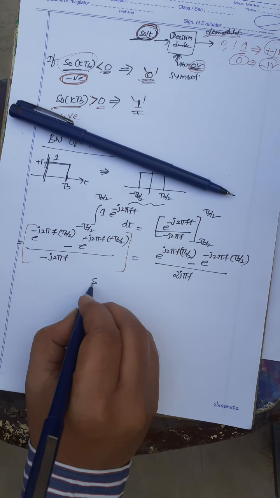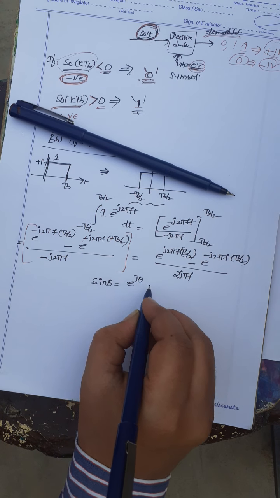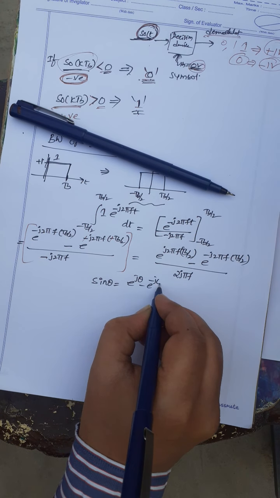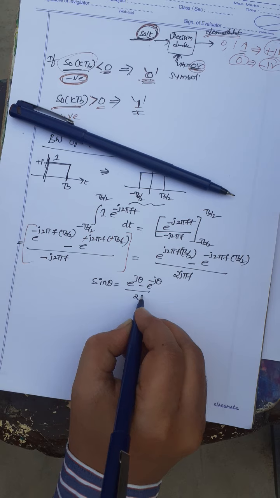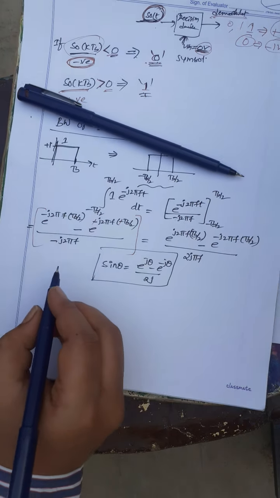We know that sin theta is equal to (e^(j theta) minus e^(minus j theta)) by 2j, right? I want to substitute this value here.